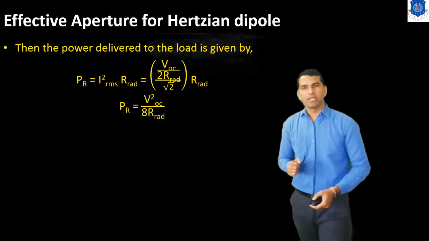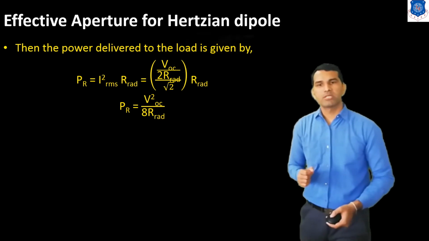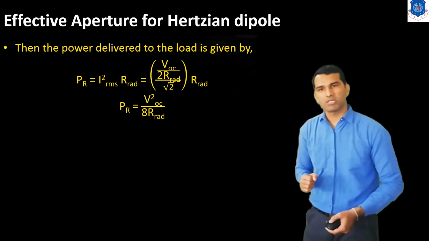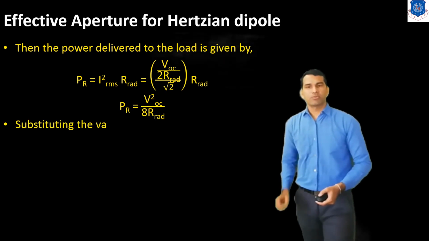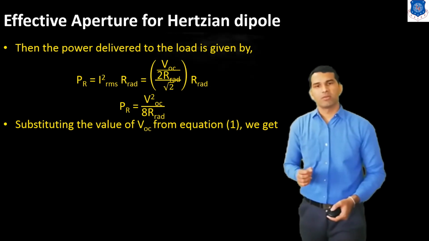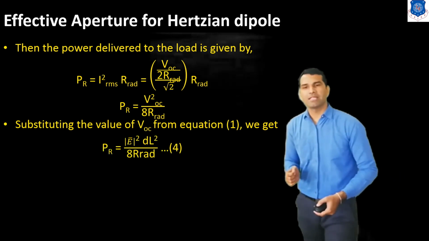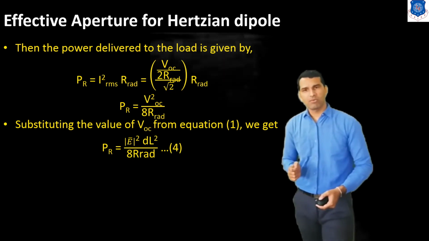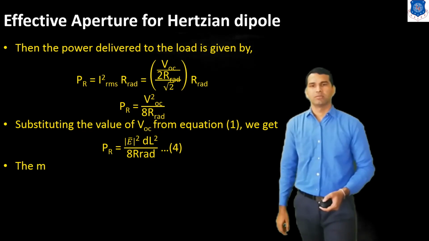When we solve this equation, PR is equal to V square OC, where OC is open circuit, upon 8 R radiate. Substituting the value of VOC from equation number 1, we get PR is equal to E square dl square upon 8 R radiate.